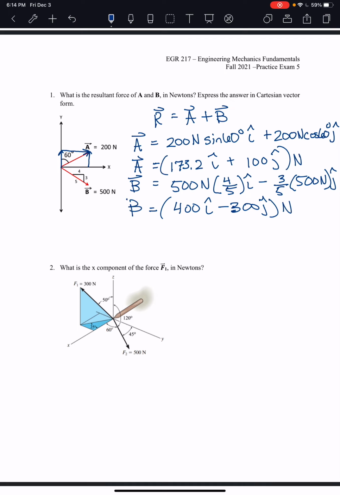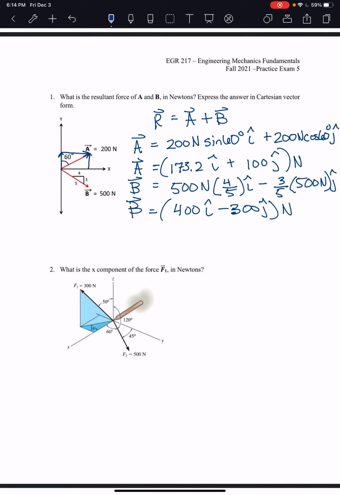So now we just need to add them together. So R is going to equal just A plus B. So 173.2 I, and I'm going to go ahead and add the 400 I plus 400 I. And then do the J's.